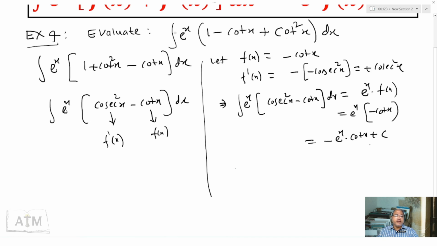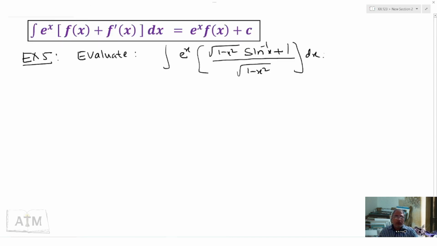Let us move to the next example. Example 5. Evaluate integration of e raised to x and inside the bracket 1 minus x square sin inverse x plus 1 upon under root of 1 minus x square with respect to x. Again we require simplification before doing integration.